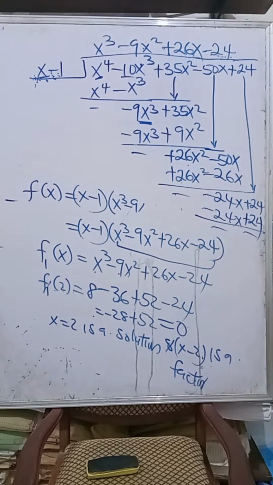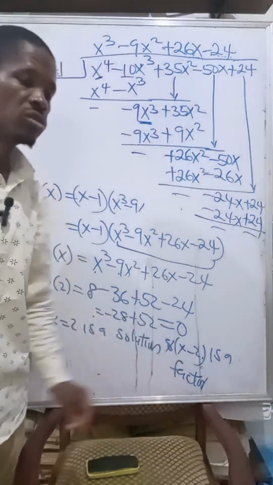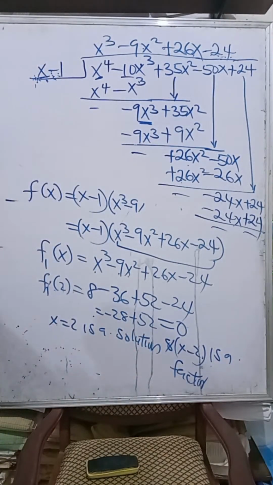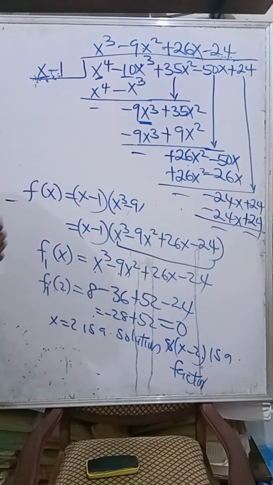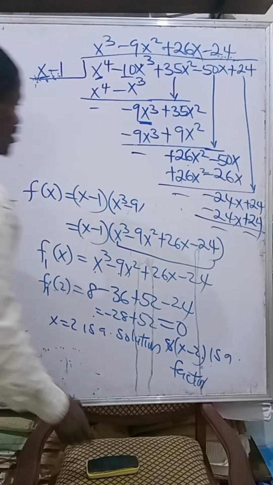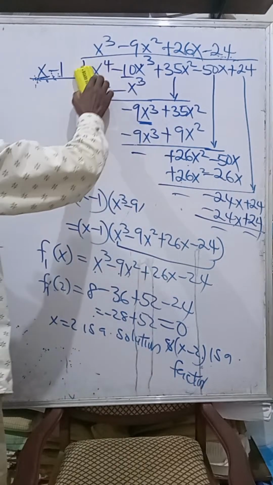So then the next thing to do now is we've gotten another factor. We've gotten x minus 1 as one of the factors. We've also gotten x minus 2 as another factor. So we're going to use that to divide this polynomial, because we want to factorize it completely.